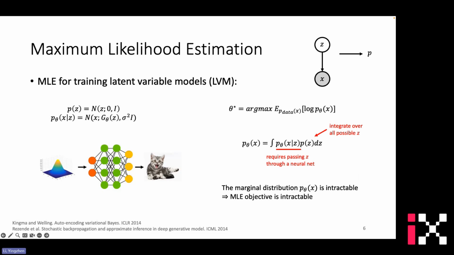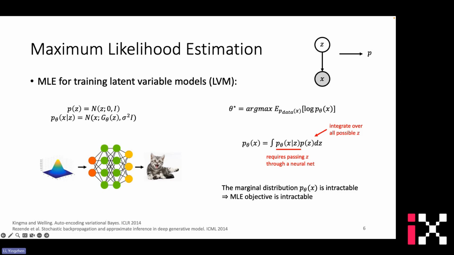Let me talk about why you're interested in computing this marginal distribution. You need to fit your model to the data, so what is a good objective to train your model? In statistics, there is a very classical technique called maximum likelihood estimation, which says the way I'm going to train my model is by maximizing the likelihood of my model explaining my data set, which means you want to maximize log p(x) under the expectation of your data set.